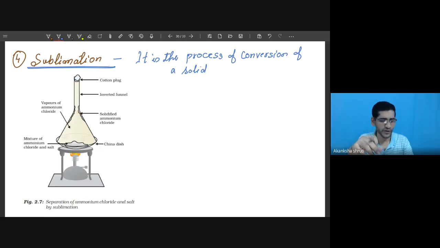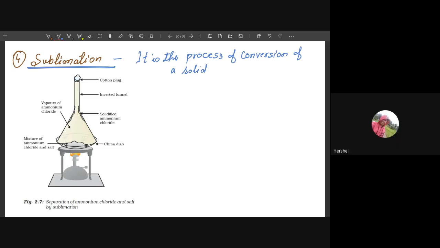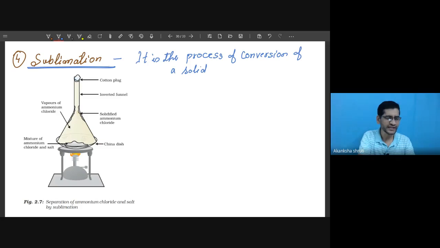Commonly, you might be observing at home, if you put a naphthalene ball in your room or bathroom, after a few days the size of the ball is reduced automatically. And you observe there is no liquid below that ball, which means the solid ball has directly converted into vapor without going to liquid.